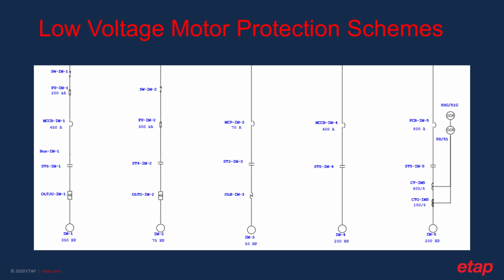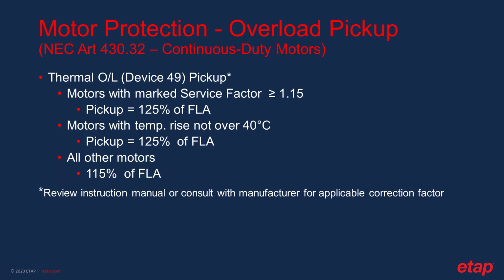Now that we have reviewed the typical schemes for low voltage motor protection, let's see how we can apply the proper settings to each of these protective devices. For overload relays, either electronic or bimetal or thermal, based on National Electrical Code Article 432, for continuous duty motors, the maximum pickup setting for the FLA should be 125%.